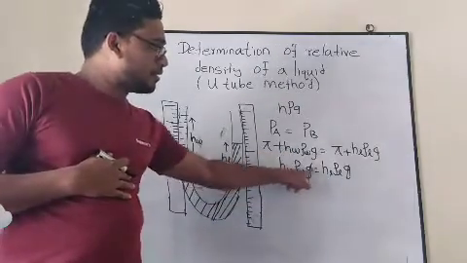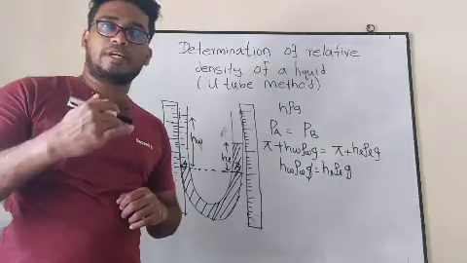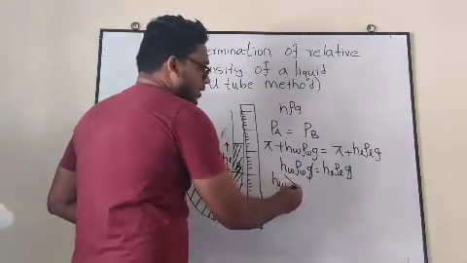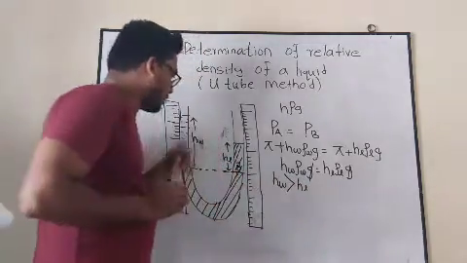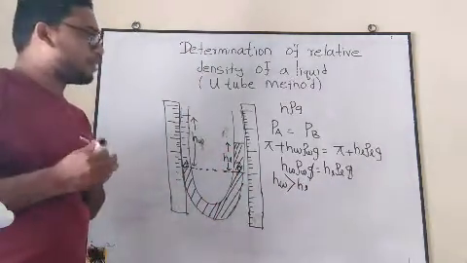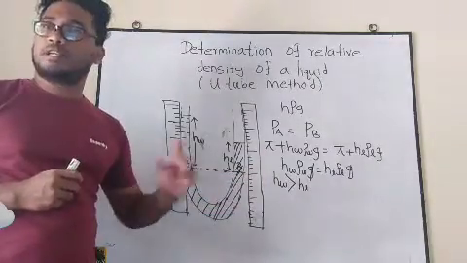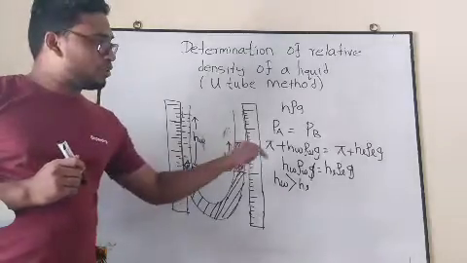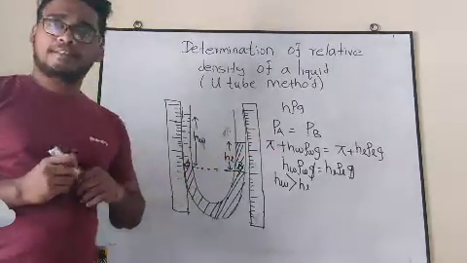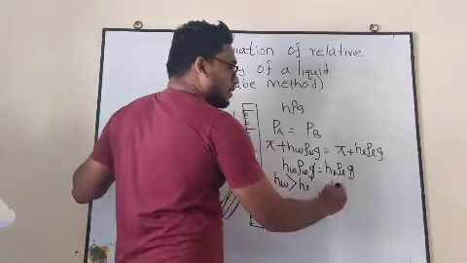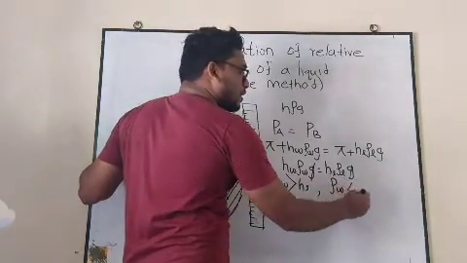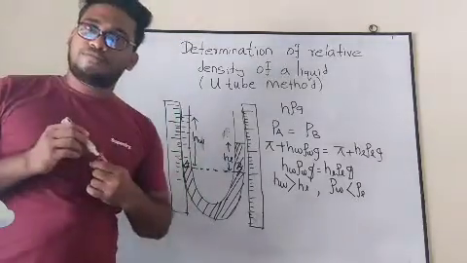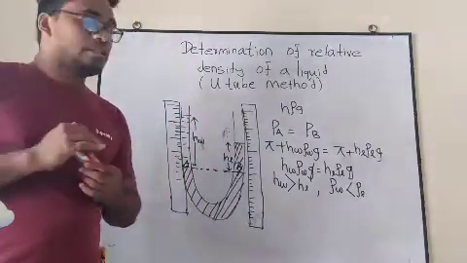HW is higher than HL, it means HW is greater than HL. When you look at this liquid column, you can compare. HW is greater than HL, so rho W should be less than rho L. From this we can deduce the density of the liquid is higher than that of the water.